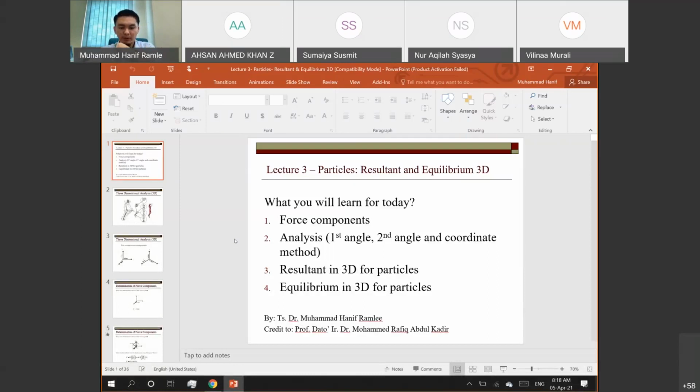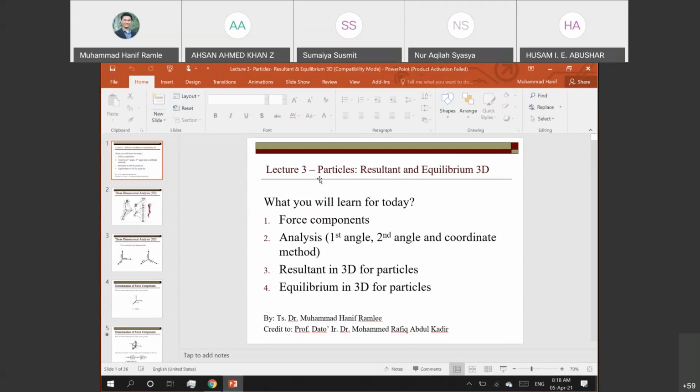Testing, testing. Can someone see the slide? Yes, doctor. Okay, now I can see the slide.